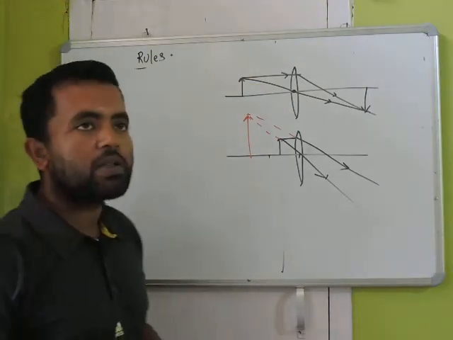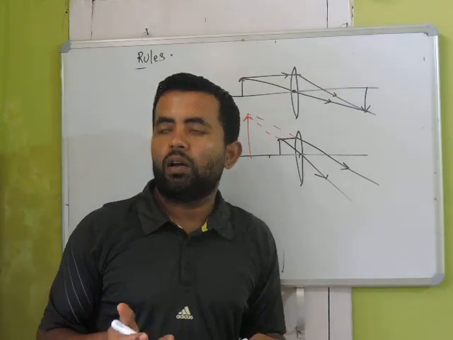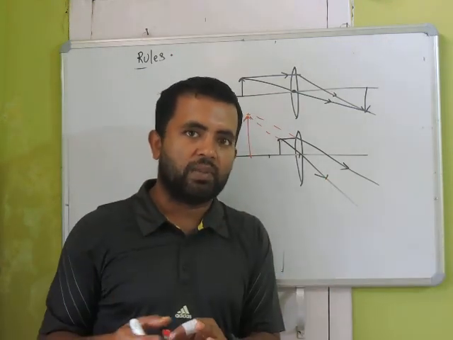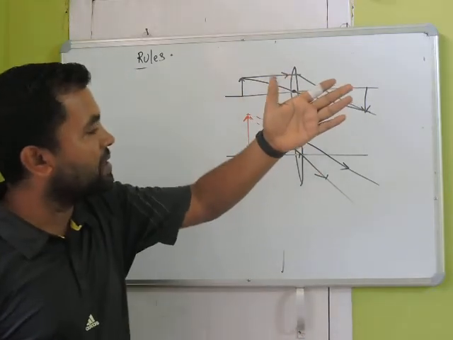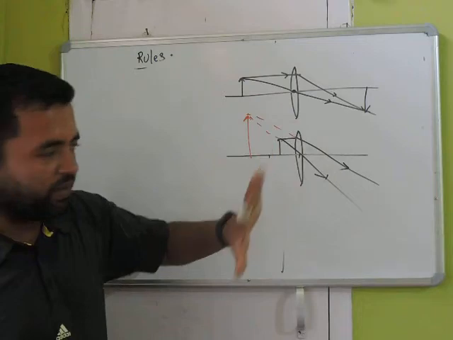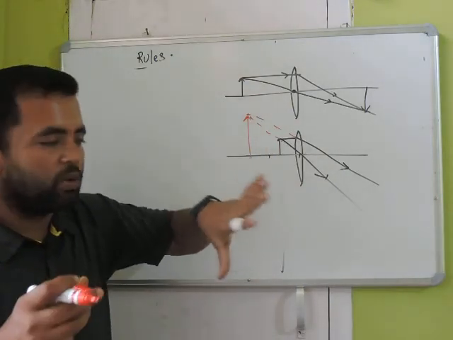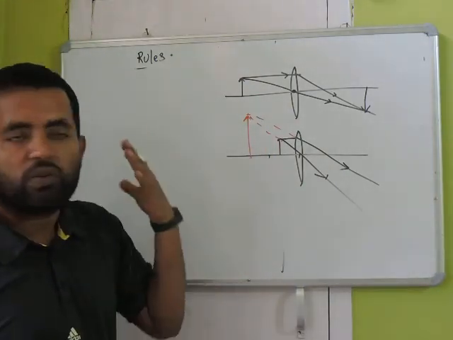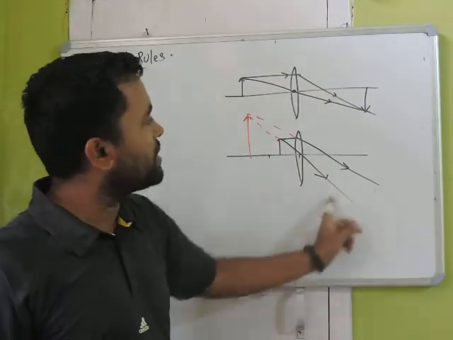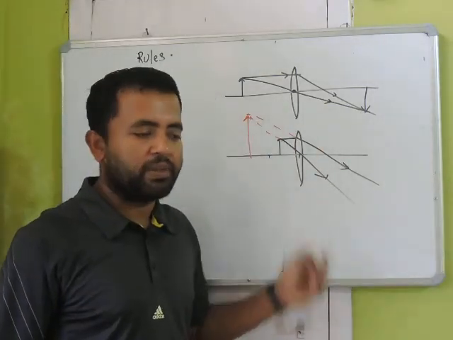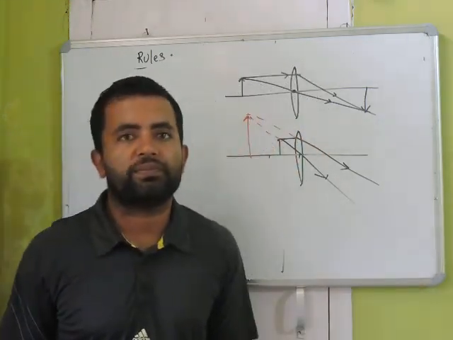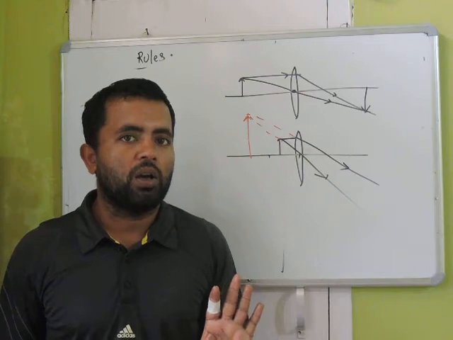Now in case of convex, you can form both real and virtual image. Whatever we have talked about, I told you there are 6 cases. So in 5 cases it forms a real image, and in one of these cases it forms a virtual image. In case of concave lens, it always forms a virtual image.